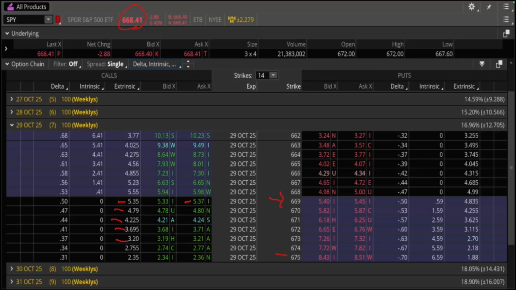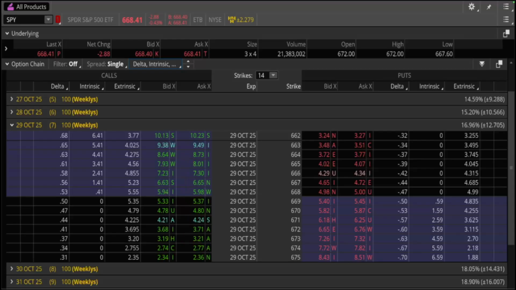There's a lot of sixes in there. So really what we need to recognize is that as you get further and further out of the money, you pay less and less for the option, and as you get further and further into the money, you pay more for the option.